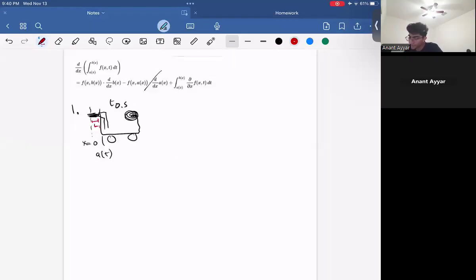But at a separate time, we'll also have the same cart. This is again x equal to 0, but it's going to go forward some amount. To go forward, it's going to shoot this much water out. And then again, it's going to keep being horizontal because we're not thinking about gravity right now.